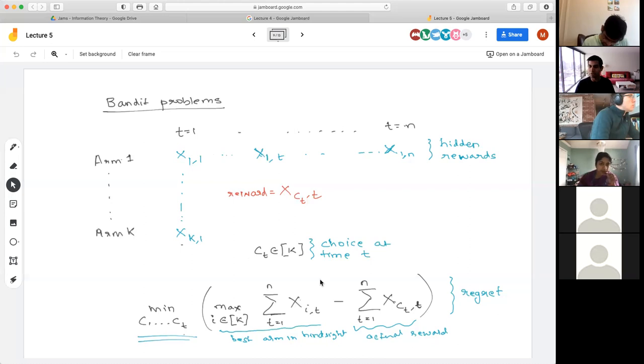You can use all that information to decide what to use next. At step 3, you could look at your history, which are the machines you used at steps 1 and 2, what rewards you got, and then use this as a basis of your choice for step 3, and so on. So your choice depends on the history. The sequence c1 to cT is not fixed ahead of time. It develops as you see more of the X's.